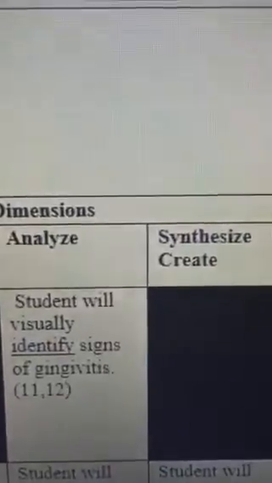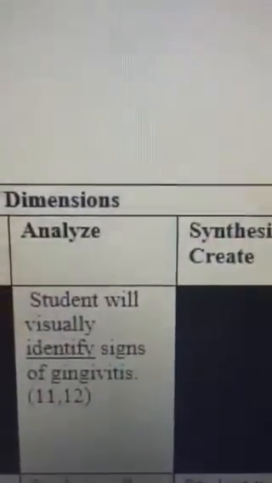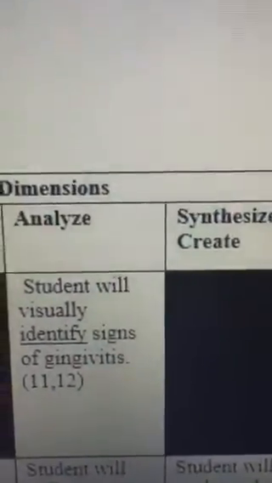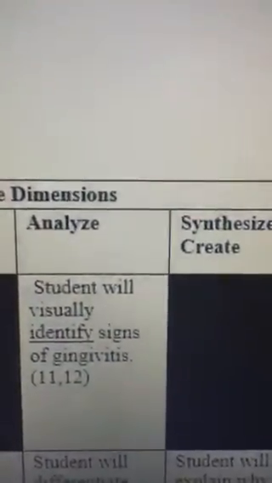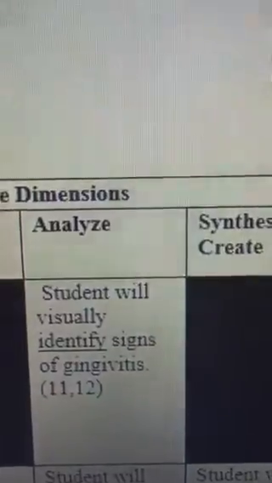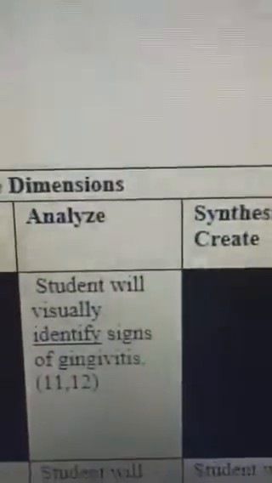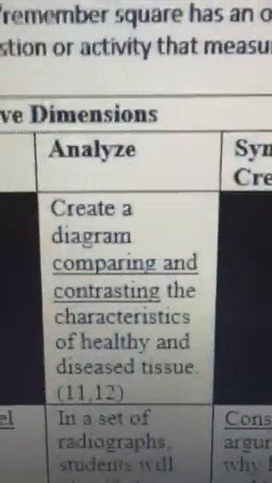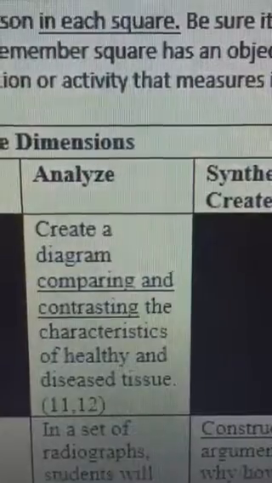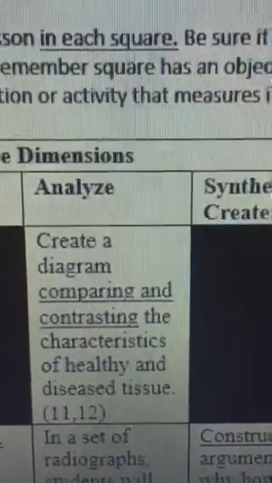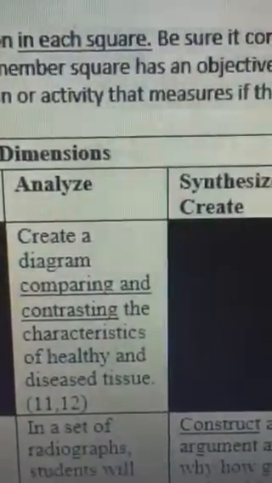For the next dimension here, under the analyze, the student will visually identify signs of gingivitis. And that can be found on slides 11 and 12 in my presentation. The corresponding assessment with that is that the student will create a diagram comparing and contrasting the characteristics of healthy and diseased tissue.